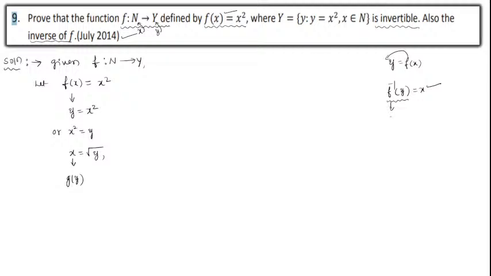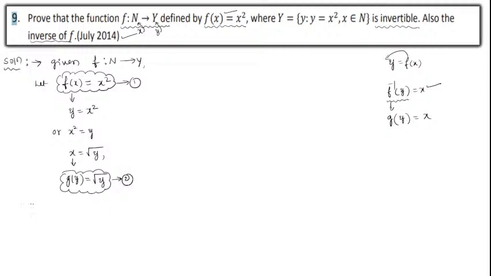So f inverse is denoted by the g function, that is g of y equal to x. Whenever you get your x, write it as g of y, that is equal to root of y. So you have to take your given function f of x as equation number 1 and g of y as equation number 2. Clear?